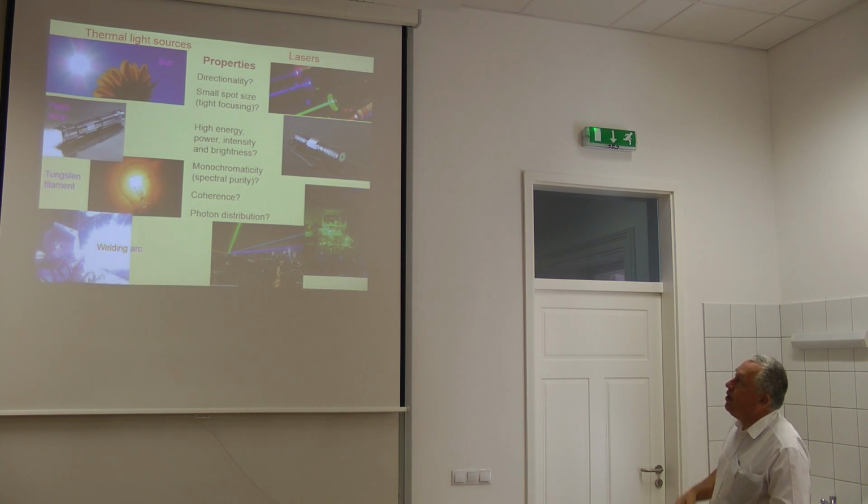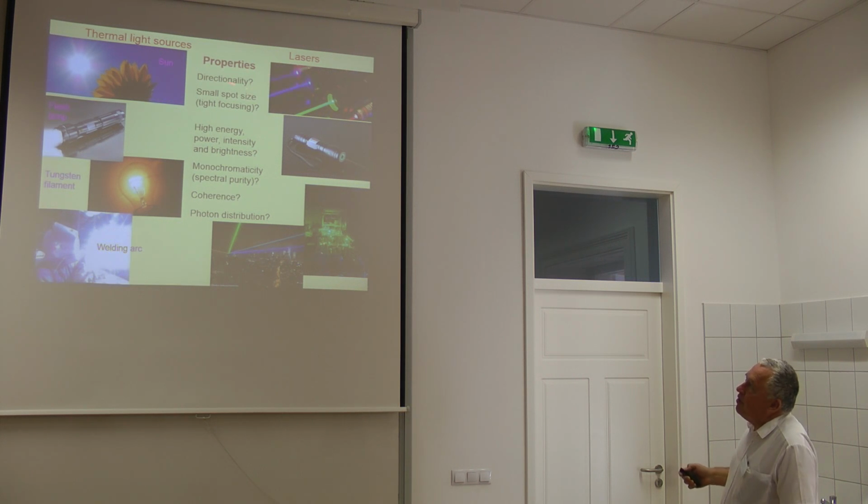If I should like to make an introduction in a very boulevard-like style and stress the importance of this field, I constructed two columns. In the left-hand column you will see a couple of thermal light sources, on the right-hand side some lasers.